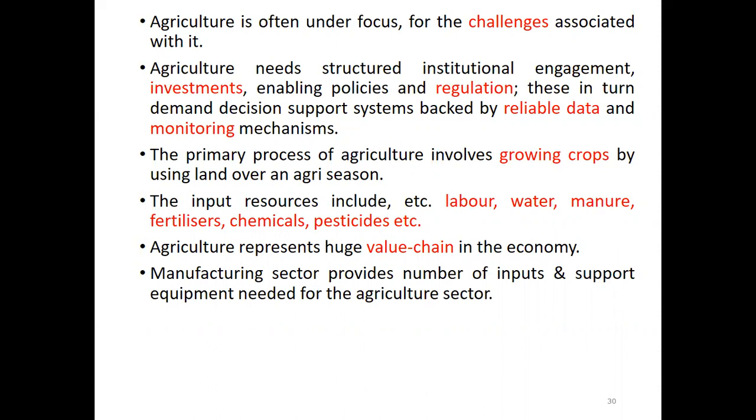Now, agriculture needs structured institutional engagement, investment, and enabling policies for regulation. This in turn demands a decision support system backed by reliable data and monitoring mechanisms. So these are the areas where, as a government, we should engage institutions who will take care of agricultural activities.